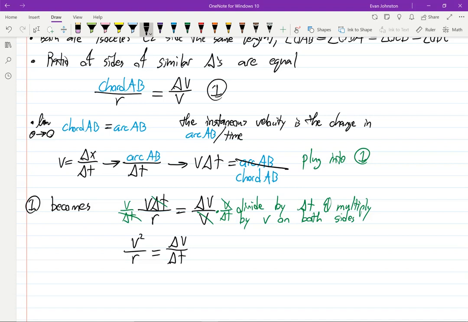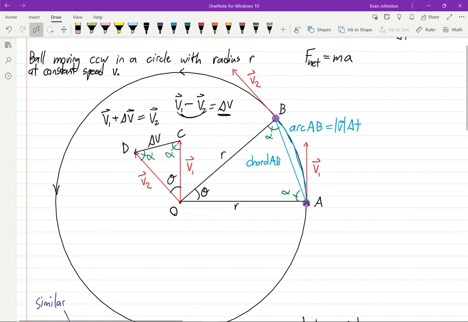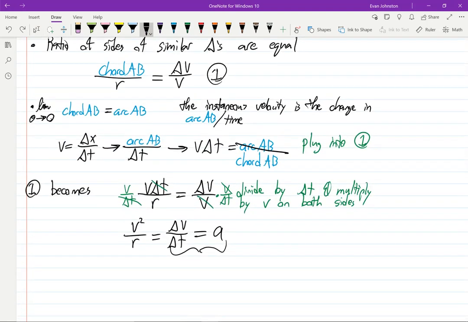Now, we actually have done something pretty incredible here, because if you recall, the change in velocity over the change in time, that's just acceleration. That's all this is. So in the case of something moving along in a circle, like this ball going from A to B, the velocity squared divided by the radius is the centripetal acceleration.